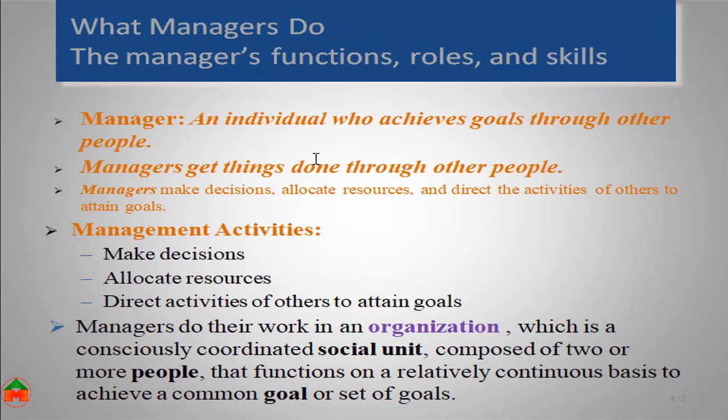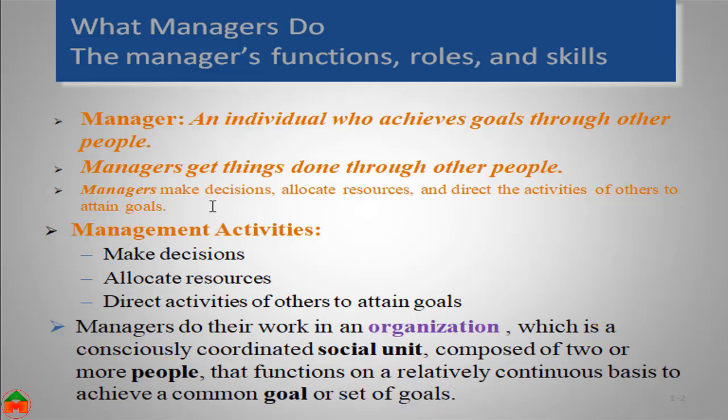What is the responsibility of a manager? What are the functions, roles, and skills of the managers that are essential to achieve the goals of the organization? First of all, we need to know who is the manager. Manager is a person or individual who achieves the goals of the organization, and to achieve the goals, he gets things done by other people.